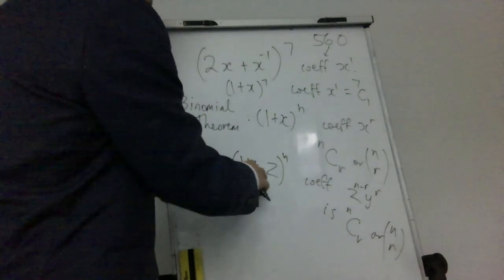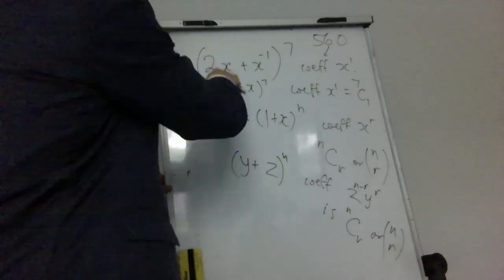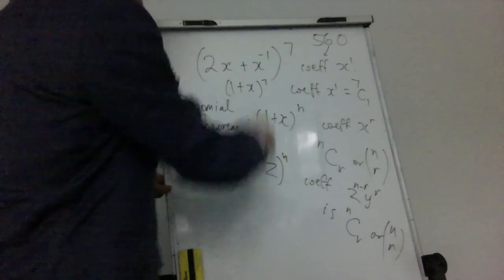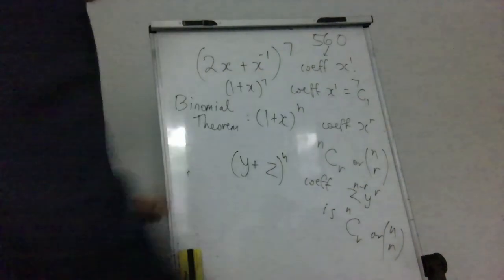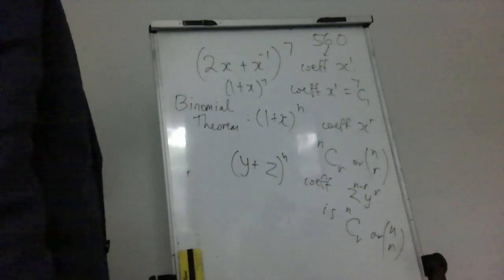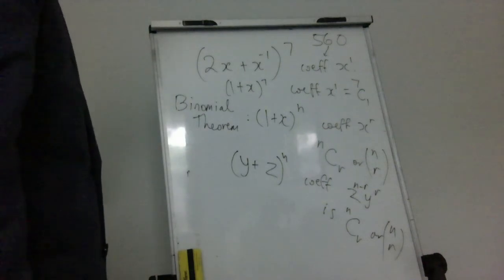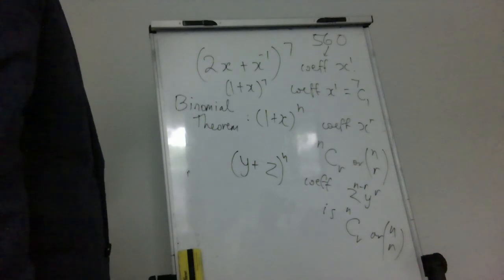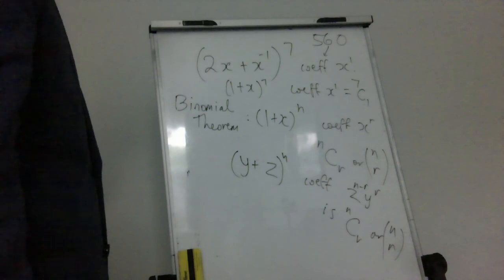So what you can do now is let y equal 2x, and let z equal x inverse. So this is meant to work for any value of the variables. Okay, so the goal is just to get... Wait, what do we do to get rid of the 2x? Wait, is the x fine being inverse?